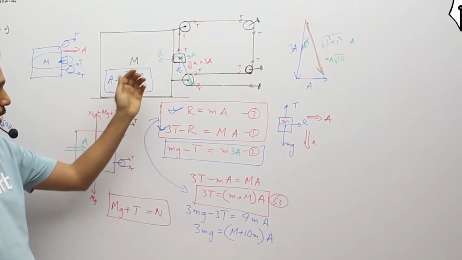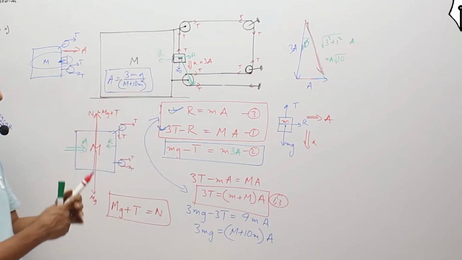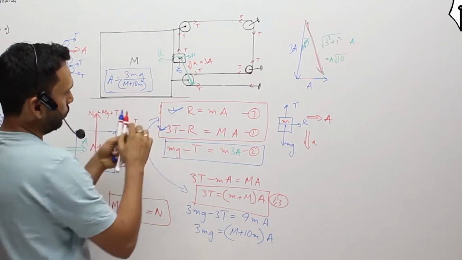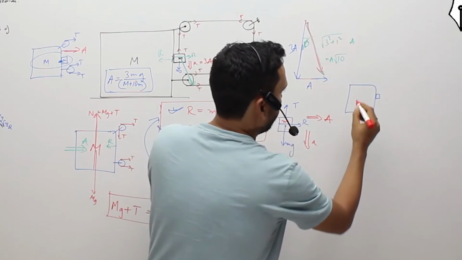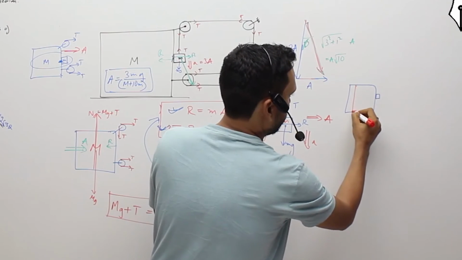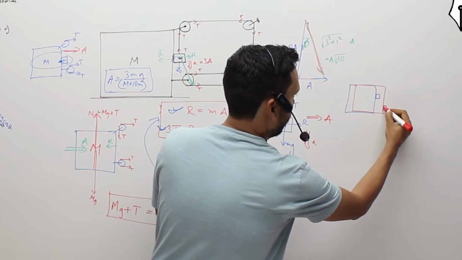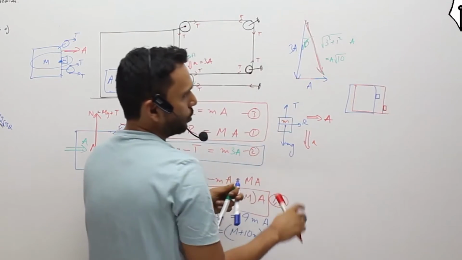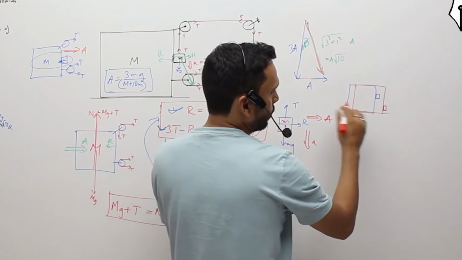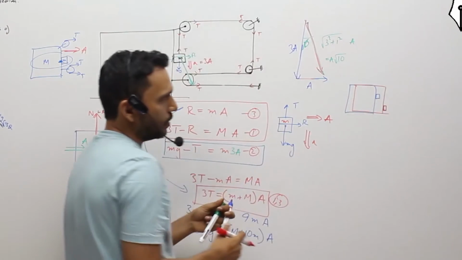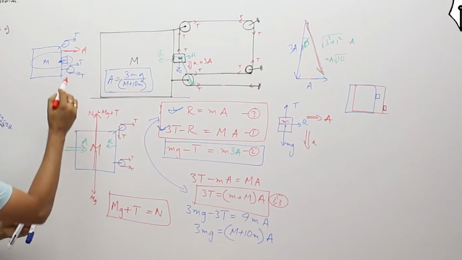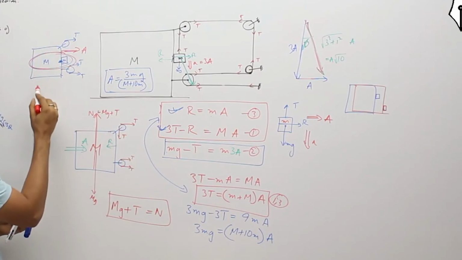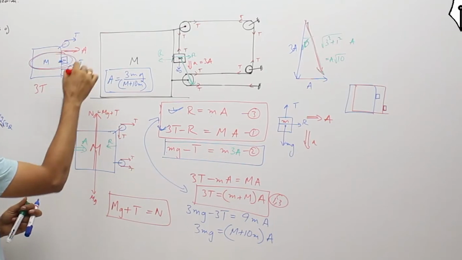And otherwise, when two bodies are in contact, you can consider the two bodies to be together in a particular direction, like these two bodies initially like this, and after a while maybe like this.